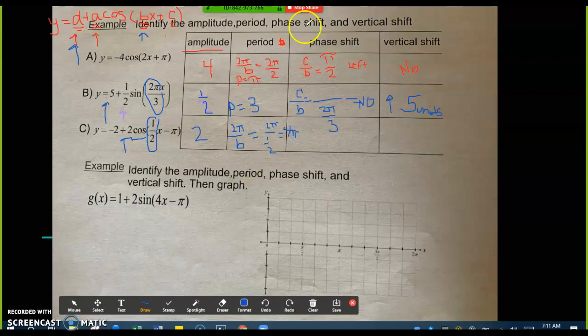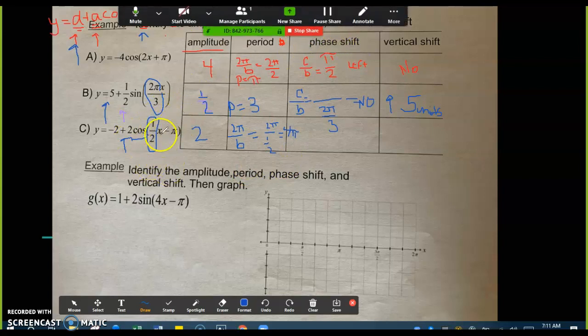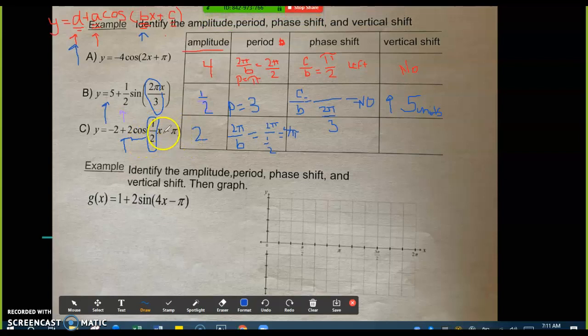All right. Now let's talk about what the phase shift is. In this case, we do have a phase shift. We have a number being subtracted from the X. So we're going to take C and divide it by B to figure out what that phase shift is.